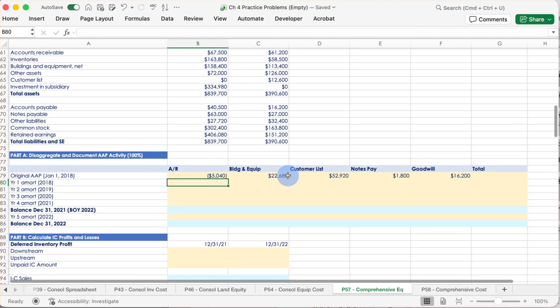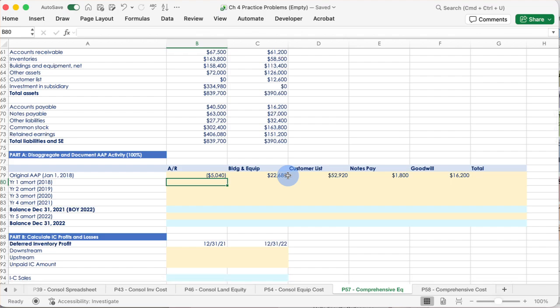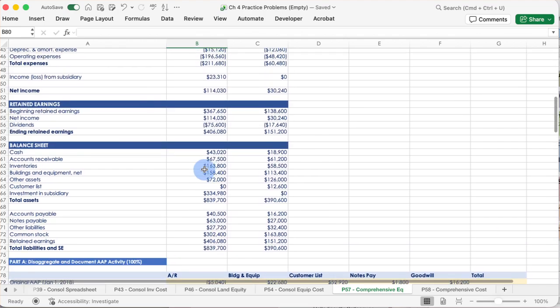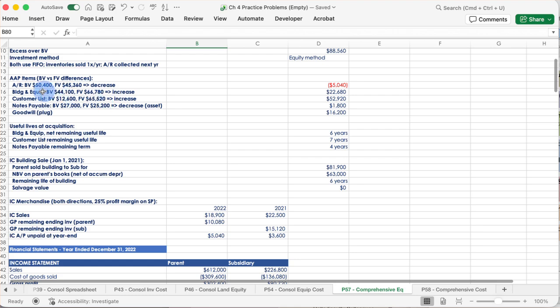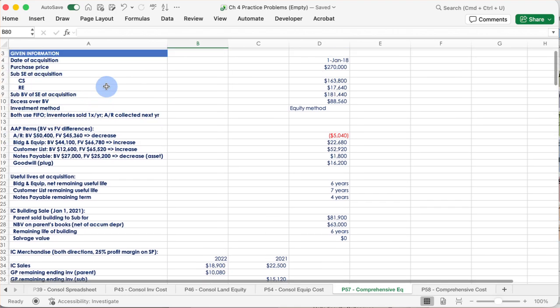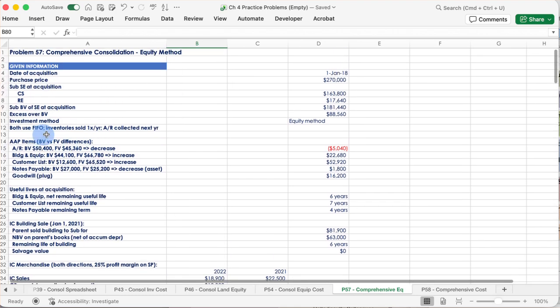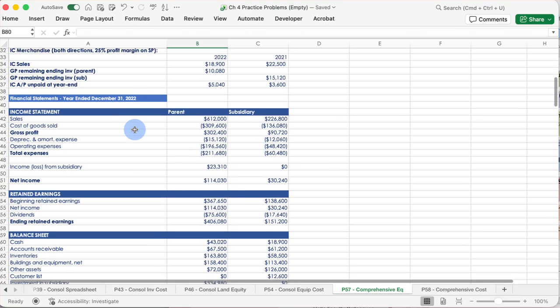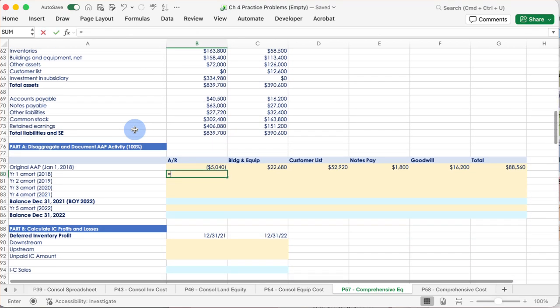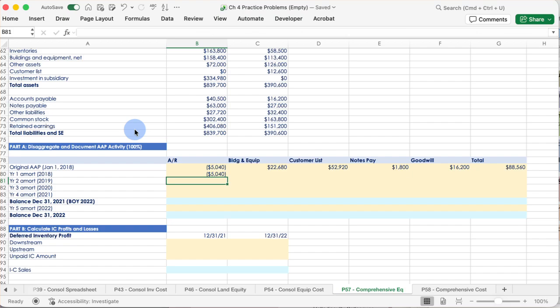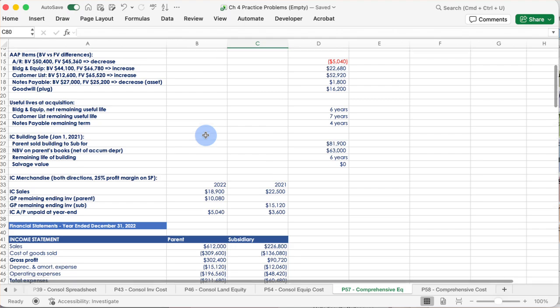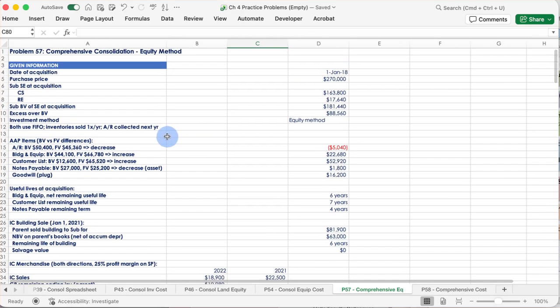And then we're just going to show each year's amortization. For the AR, it indicates that it was collected the next year, so we don't need to drag this on forever. That one's just going to be the one single one. For the building and equipment, if we come back up, it should give us years.